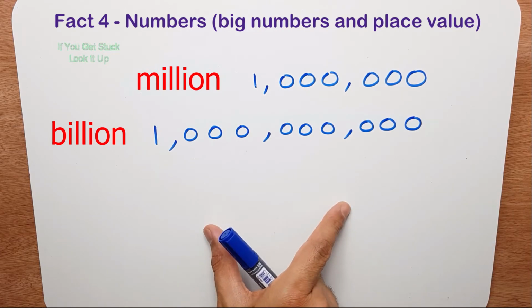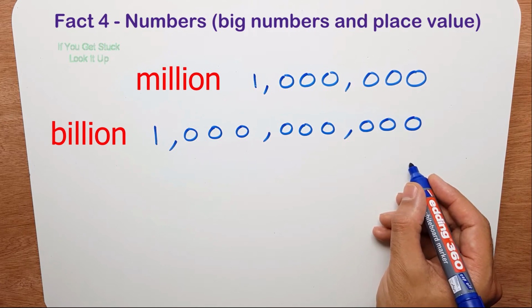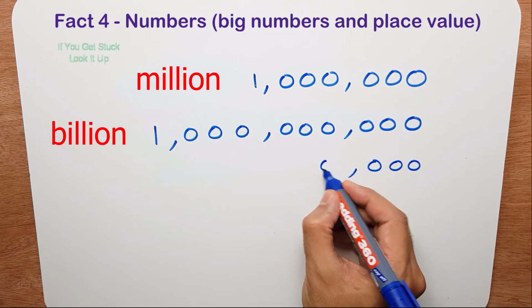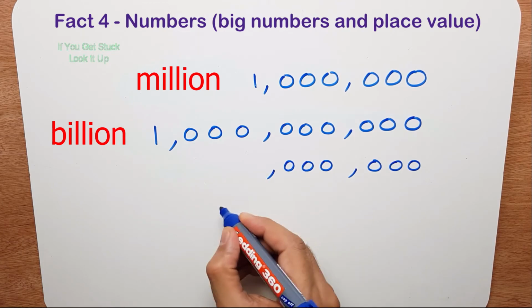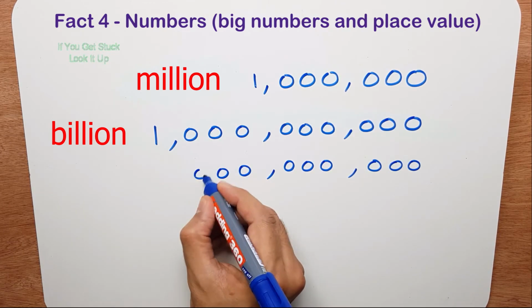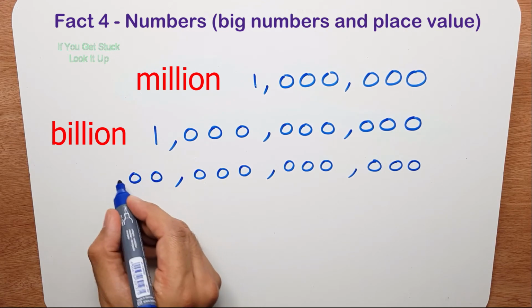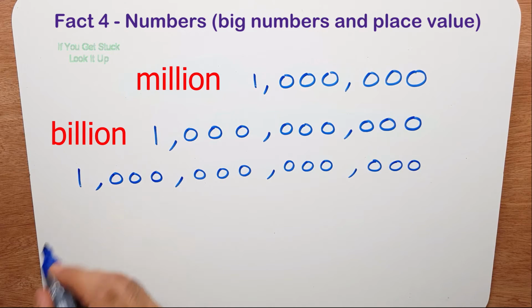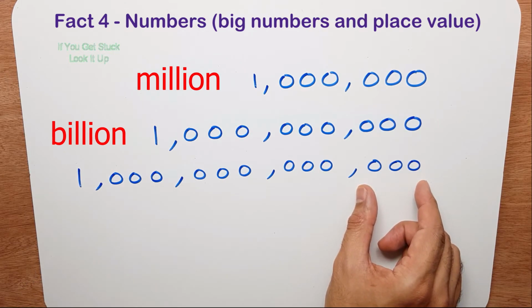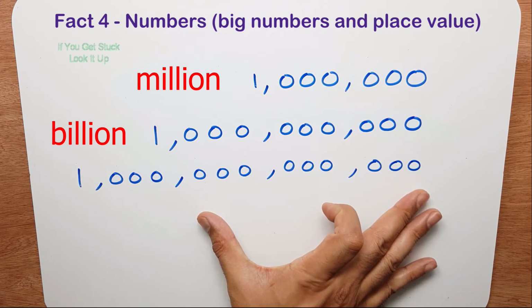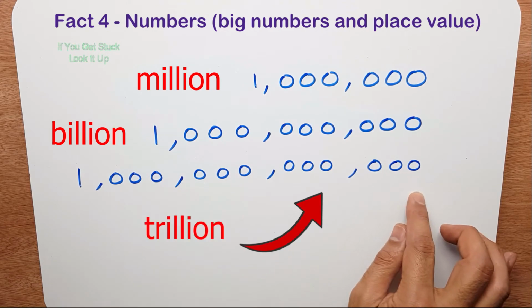And for the next group, if I added another 3 zeros, so let me do that again. 1, 2, 3, comma. 1, 2, 3, comma. 1, 2, 3, comma. Now I have to add another 3 zeros. 1, 2, 3, comma. So I know that's 1,000, a million, a billion, and this here will be a trillion.